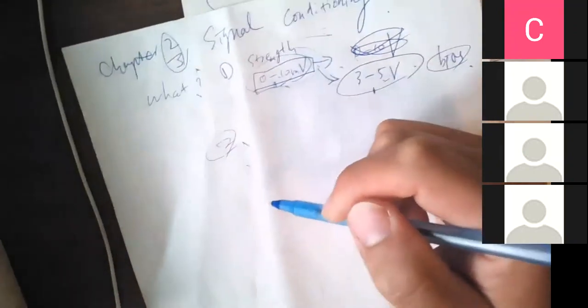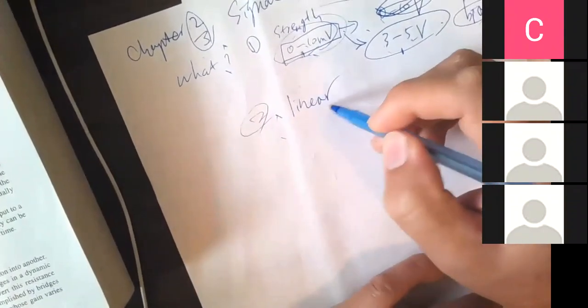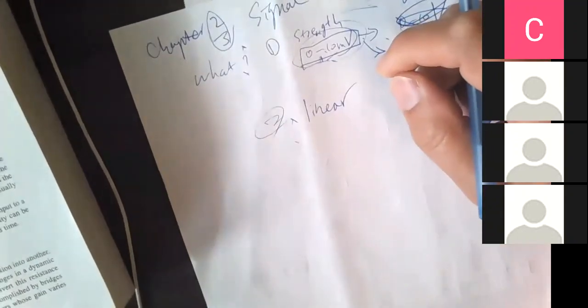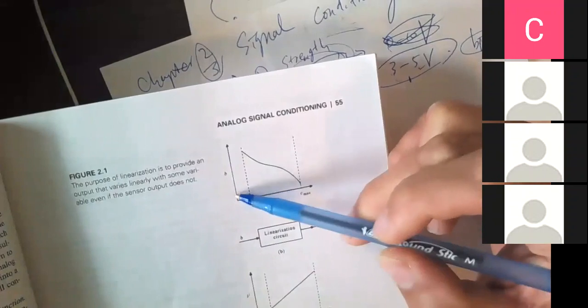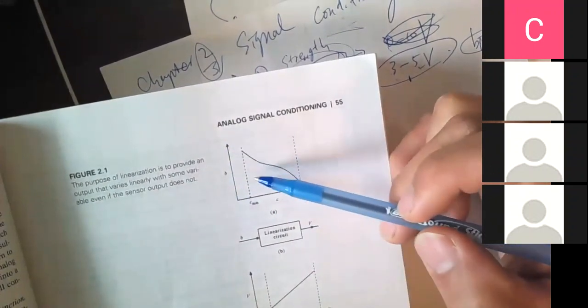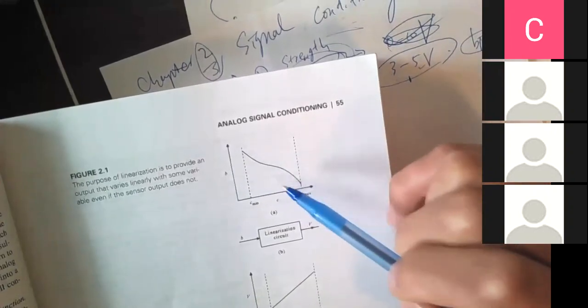And signal conditioning number 2 will be linearization. For many sensors, the output is not linear. What do we mean by not linear? This is your temperature, for example, and this is the sensor output. As temperature increases, the output is not straight. That's called nonlinear.